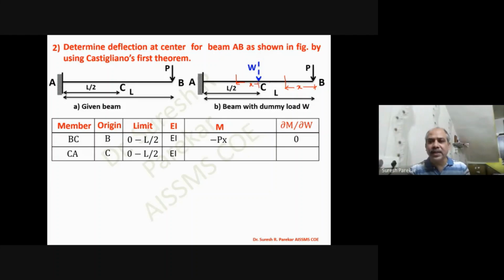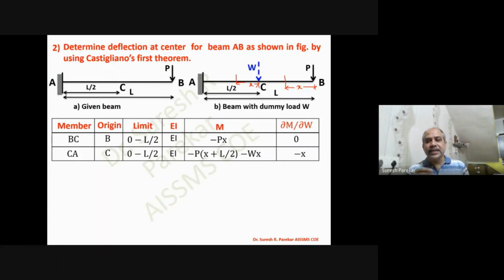So we get minus P into x plus L by 2, and then for W, that is minus W into x. So you can see minus P into x plus L by 2 minus W into x. And now the derivative we have is minus x, because the derivative of the first term is 0 as we do not have a W term in it.